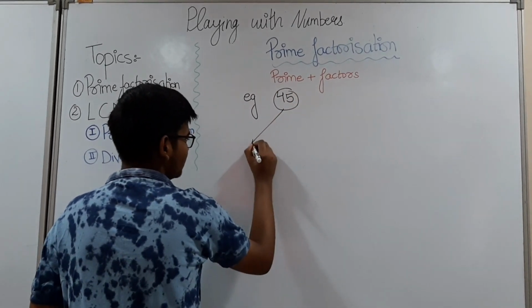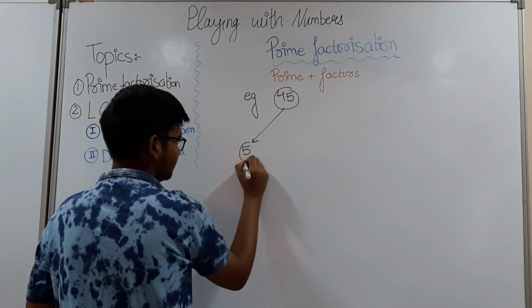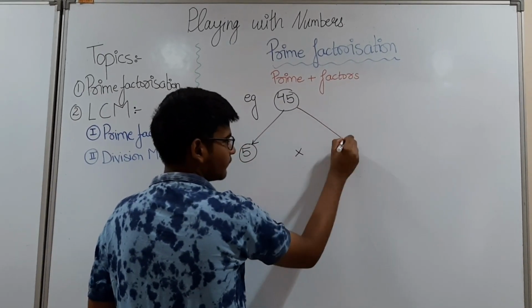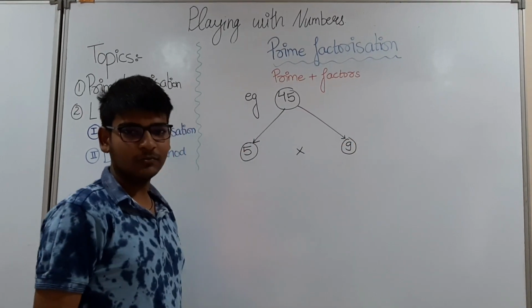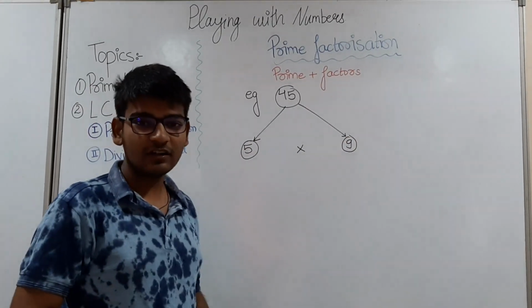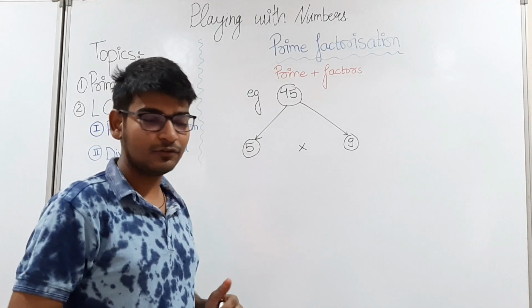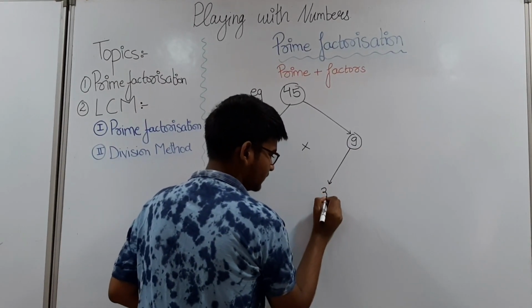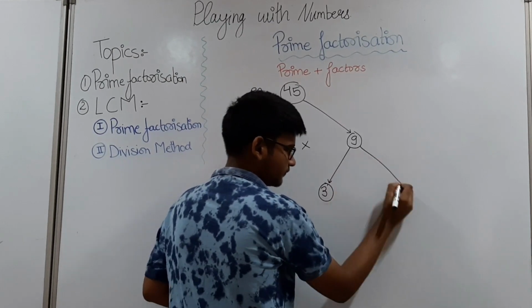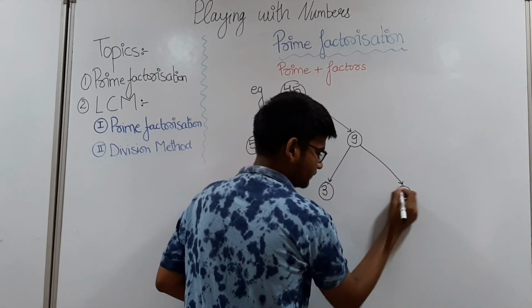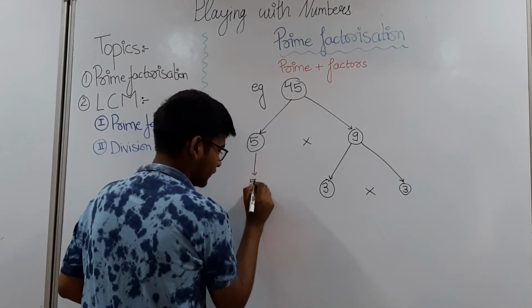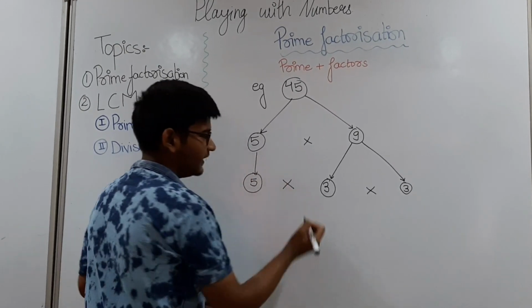Now as we can see that 45 is equal to 5 into 9. But we know that 9 is not a prime number, so it can be split into a product of two prime numbers, that is 3 into 3, and 5 cannot be split again, so we will write here 5.